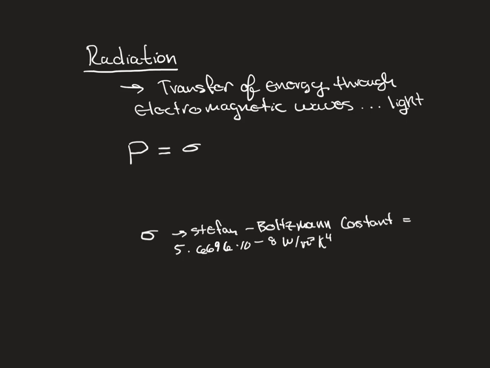The next term is going to be the area, and this area is going to be the surface area through which the energy is going to flow. The next term here, this lowercase e, stands for emissivity.